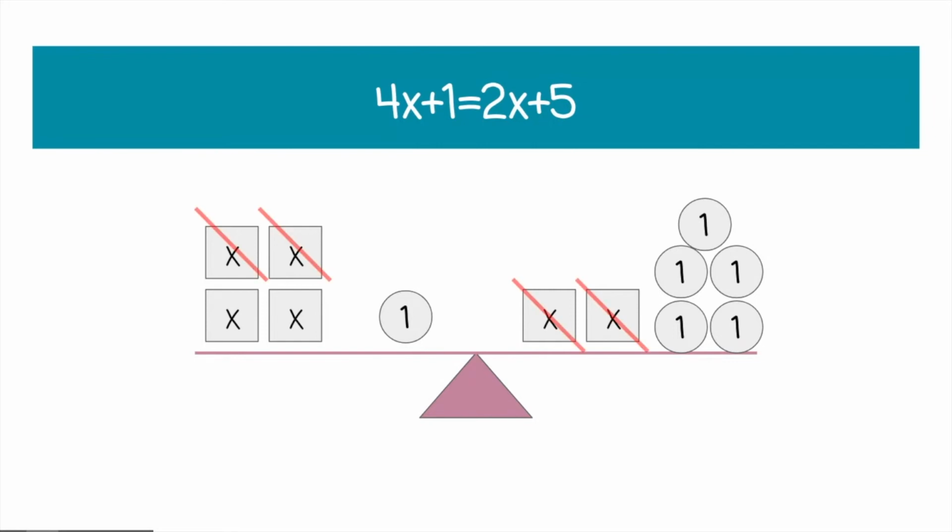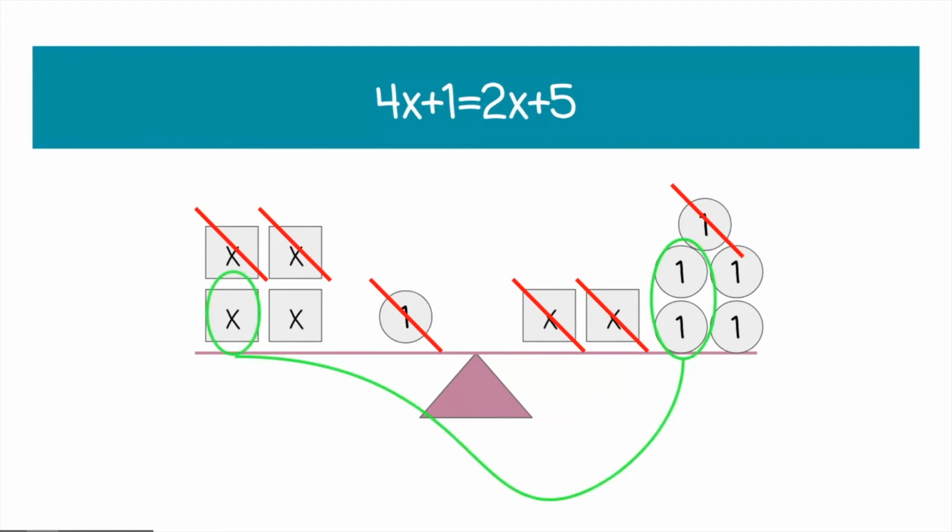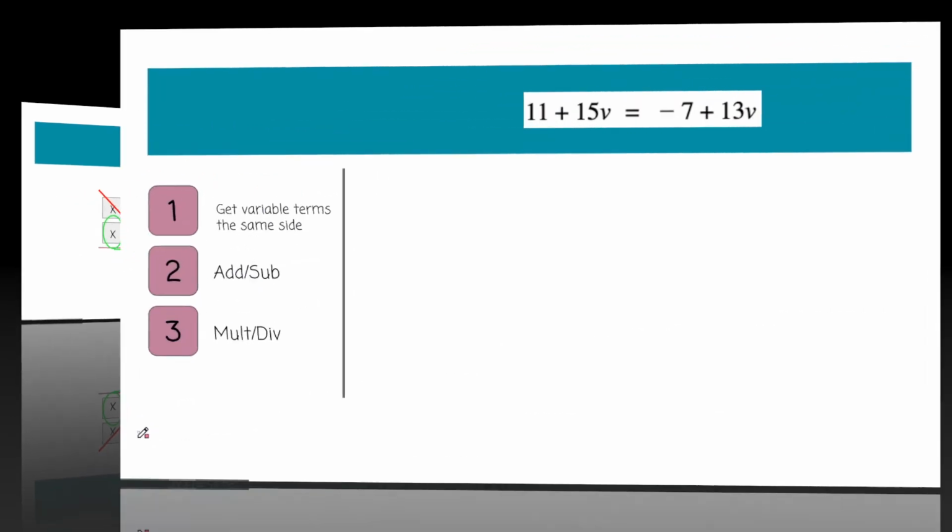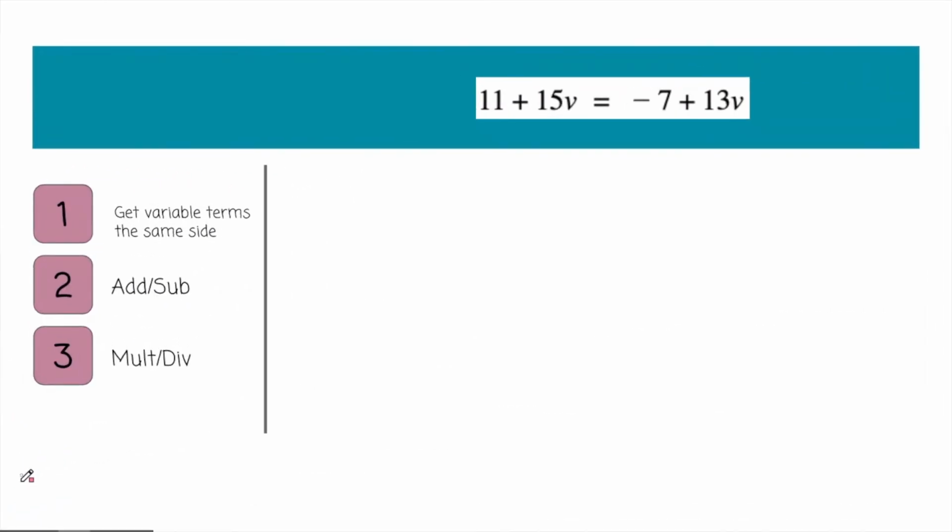On both sides, I can cross off 2x's, and on both sides, I can cross off a 1. Now I look at what's left. I have 2x's on one side, and I have 4 on the other side. So I'm going to group them together. So 1x is going to equal 2. So in my equation, x equals 2. Now, unfortunately, all of our problems aren't going to be simple enough to do pictures, but it's a good visual to remember why we're doing these steps.